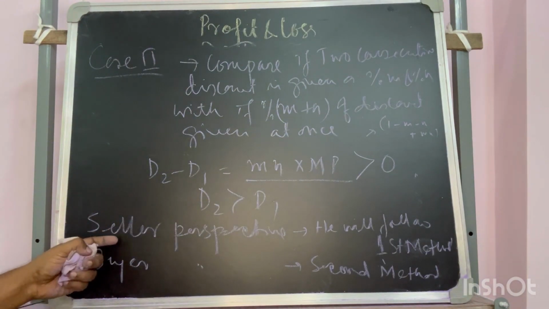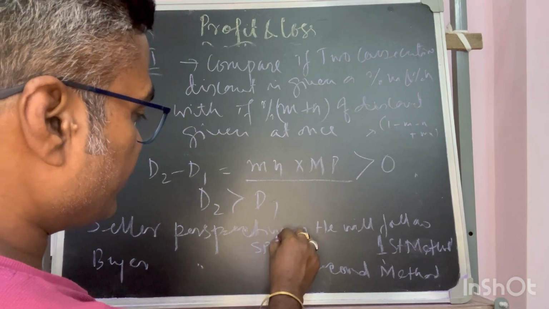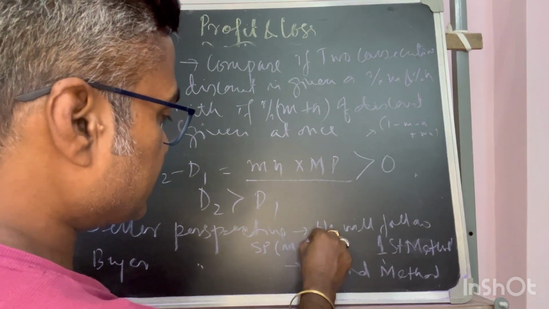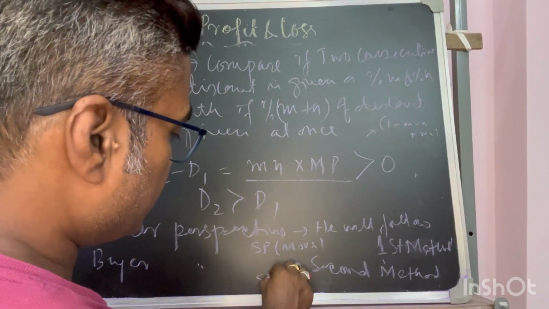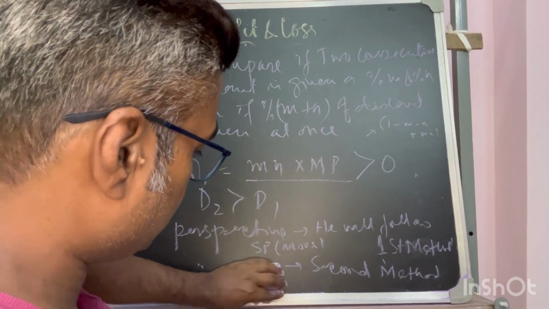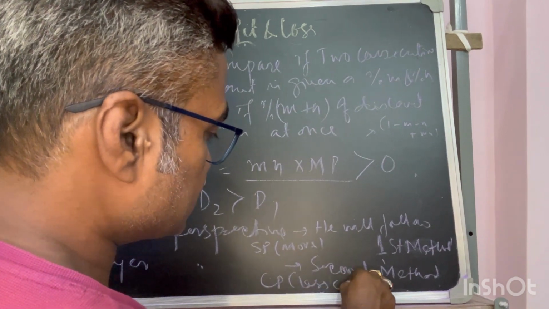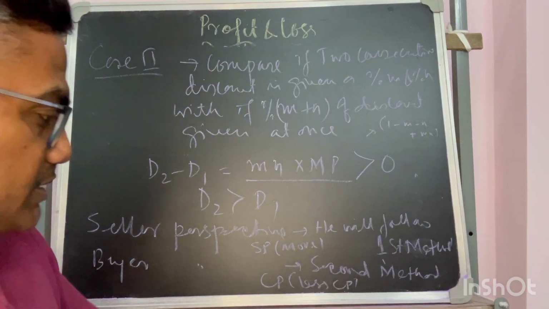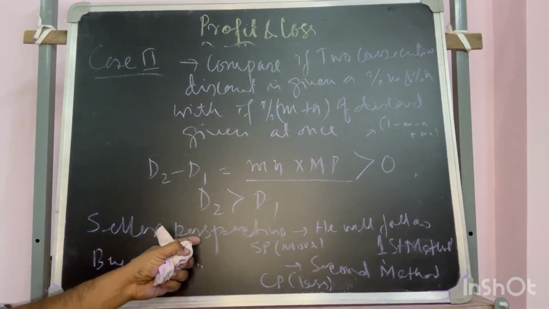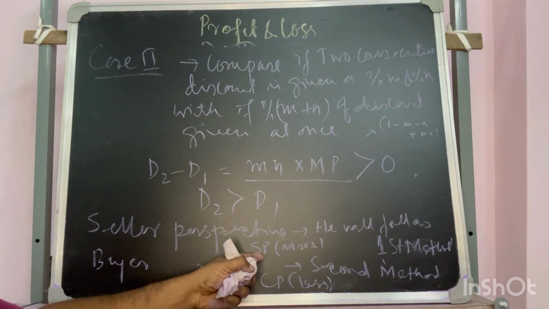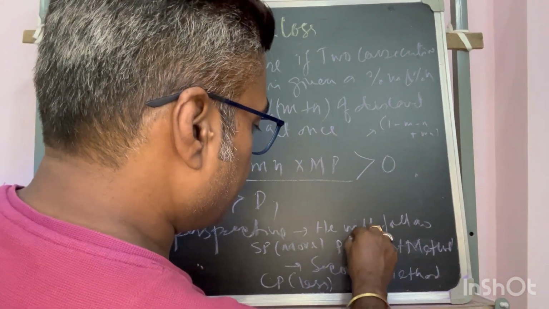So what is the advantage? If the seller gives less discount, he will get more SP in the first case, so profit will be high.